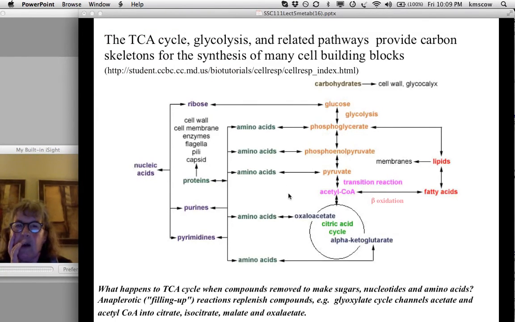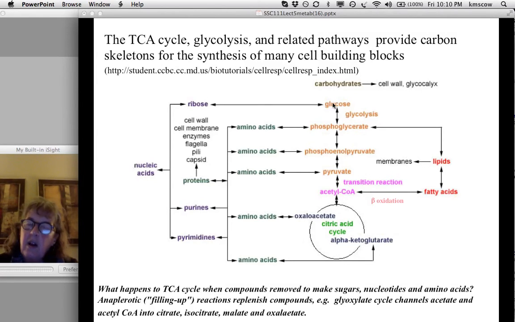So we go back to the TCA cycle. Remember, we looked at it from the perspective of catabolism, from energy acquisition, and also all the other processes that hook up to it that we looked at, like glycolysis, and all these steps of glycolysis. Remember, to pyruvate, and then the preparatory reactions that make acetyl-CoA that go into the TCA cycle.